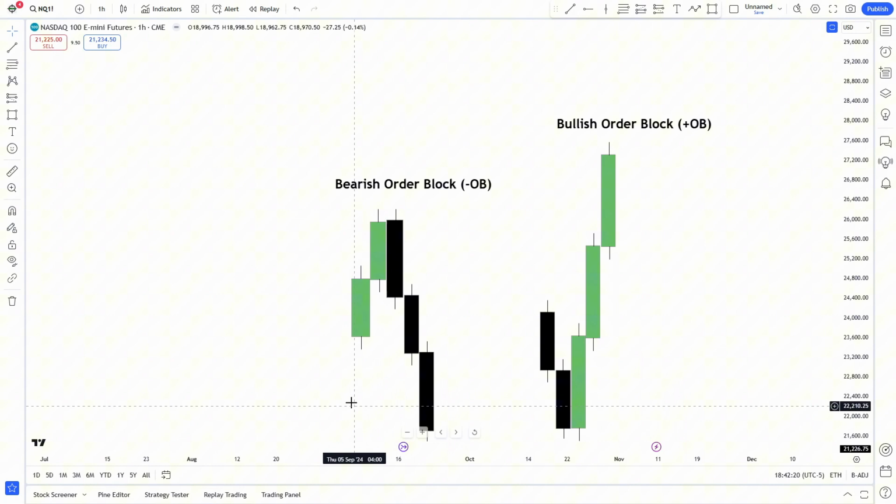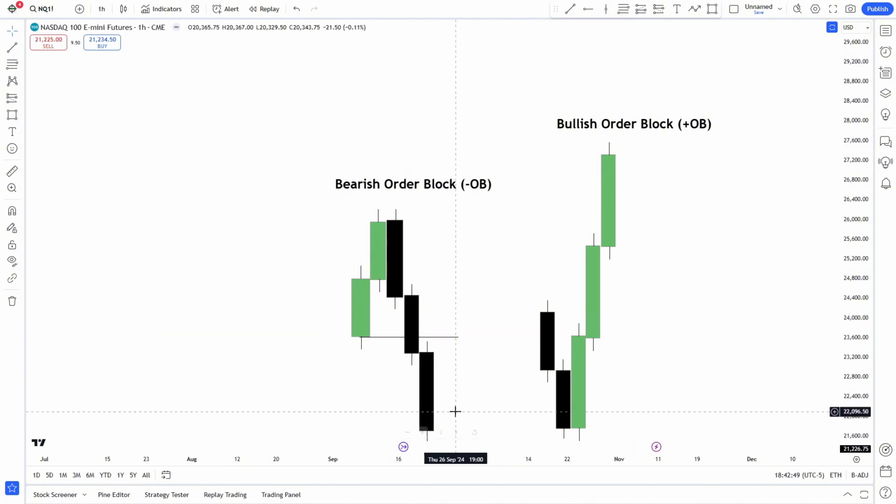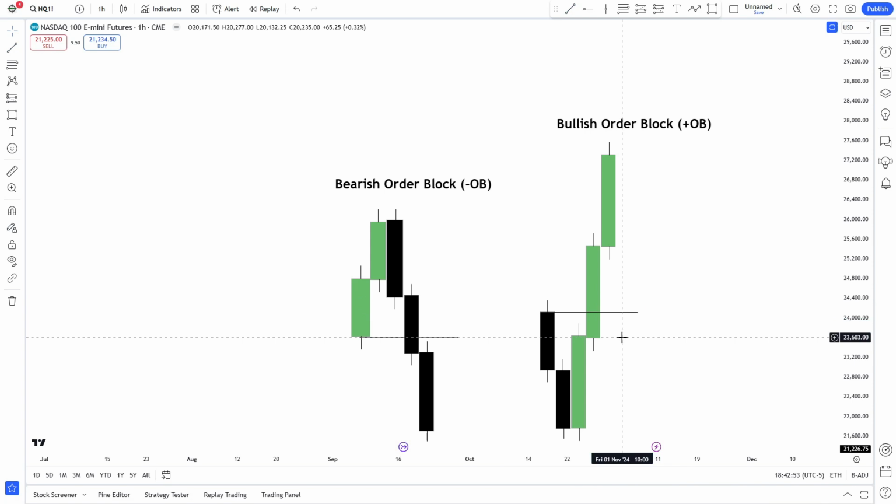Okay, and then once we get that displacement below the opening price of the lowest up close candle or the highest down close candle, that is where we mark off our change in the state of delivery right there for a bearish order block, and right here for a bullish order block.